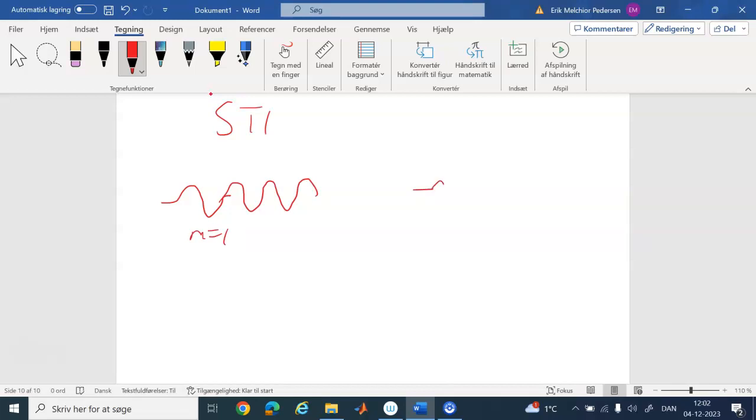So the signal is smaller. Here we have A1 times 1 plus cosine of 2 pi f, the modulation frequency, and here we have m less than 1.